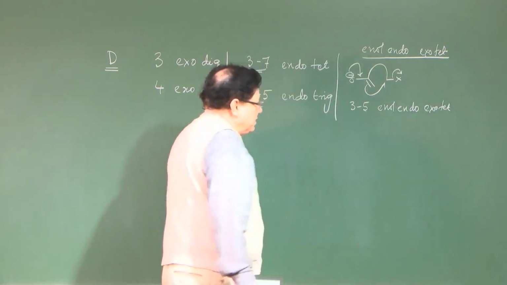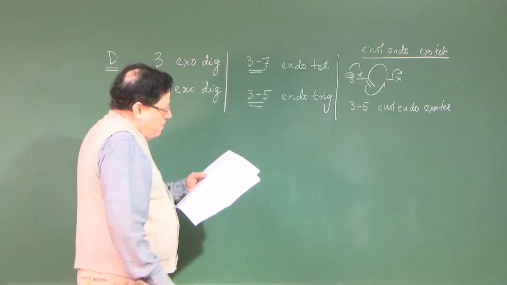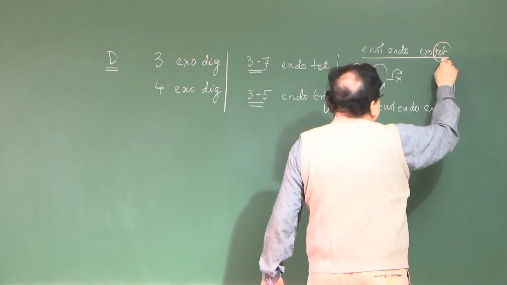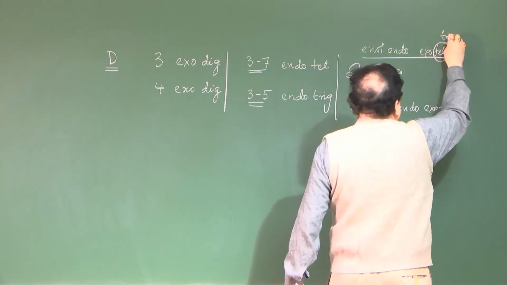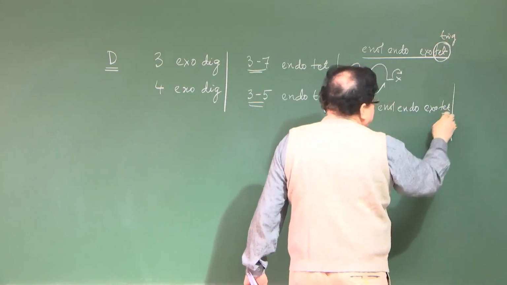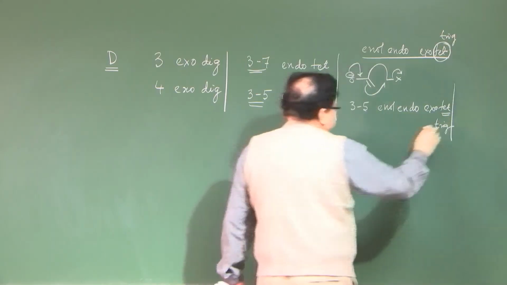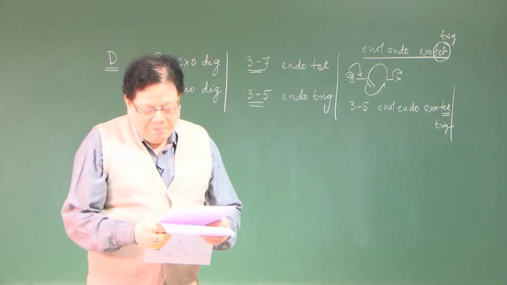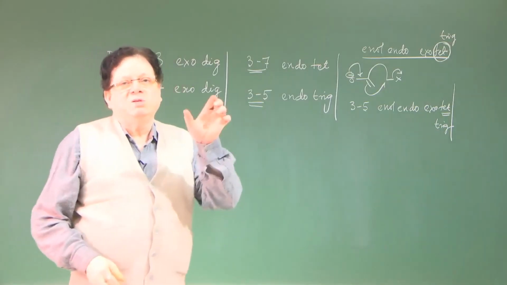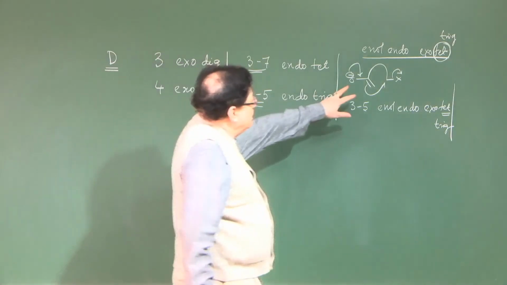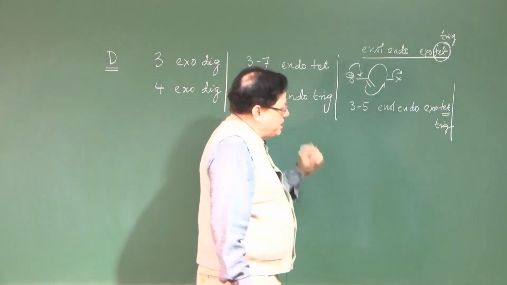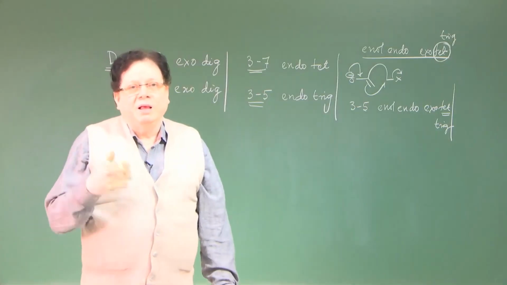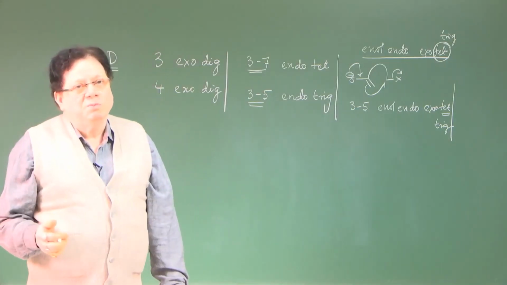And so also enol endo exo trig, that means, if you have trig instead of tet, that is also disfavored if it is 3 to 5 enol endo exo trig. So, that means, when you have the enolate double bond attacking in an endo fashion, then 3 to 5 ring size is disfavored. Beyond that, it is possible, that is favored.